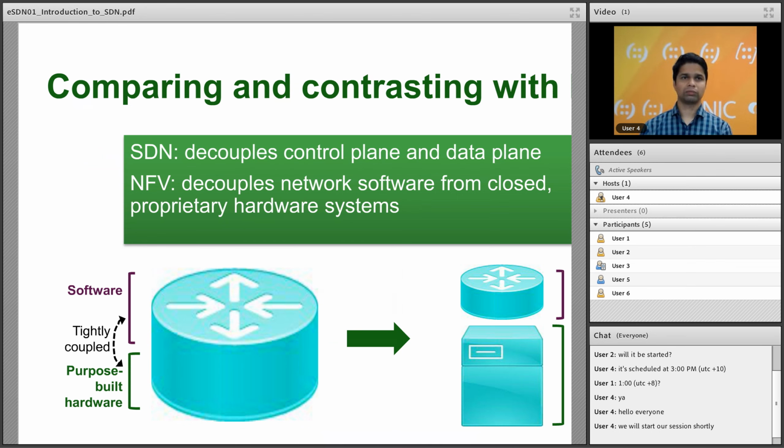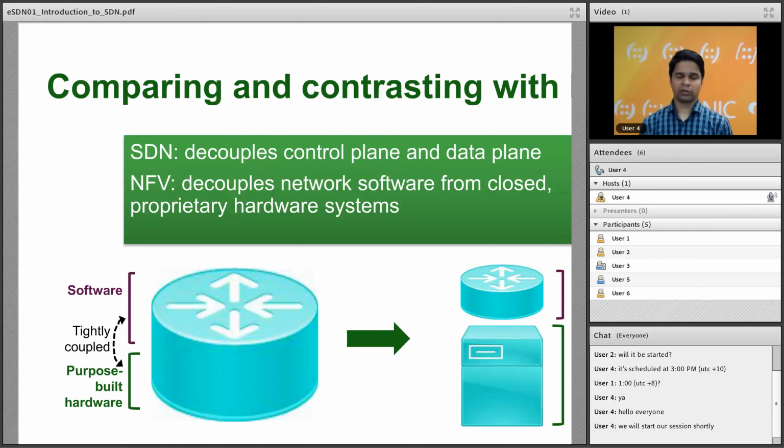As I mentioned at the start of my session, there is some confusion with the idea that OpenFlow and NFV might be the same thing, but it's not really true. There are some differences between SDN and NFV. From the technical point of view, SDN is basically physically decoupling the network control plane from the data plane.